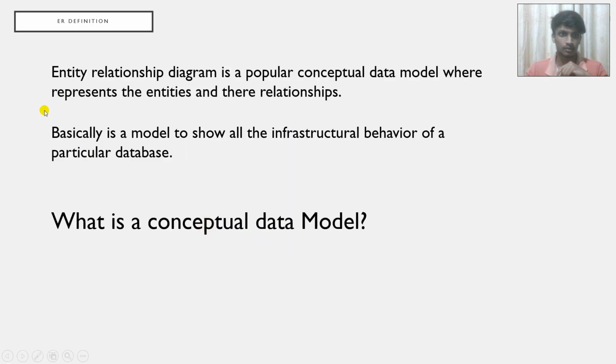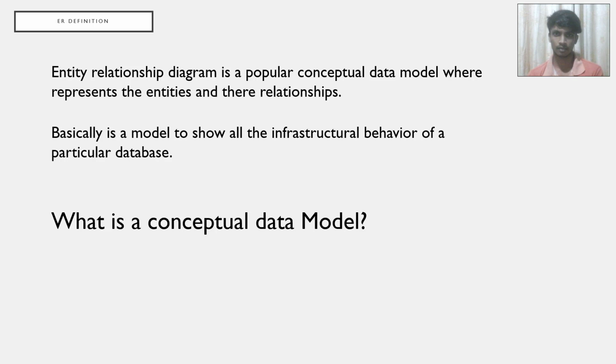Okay, ER definition. An entity relationship diagram is a popular conceptual data model that represents the entities and their relationships, and it is basically a model to show all the infrastructural behaviors for a particular database.